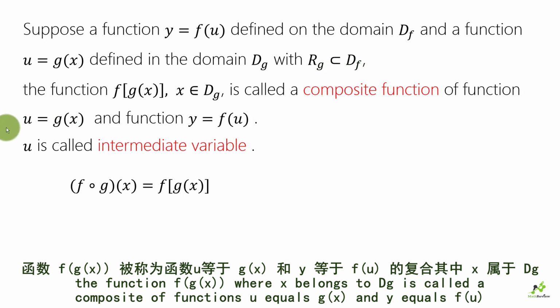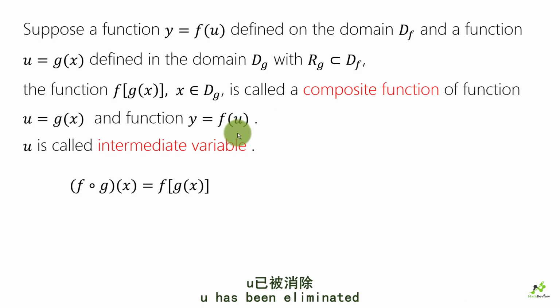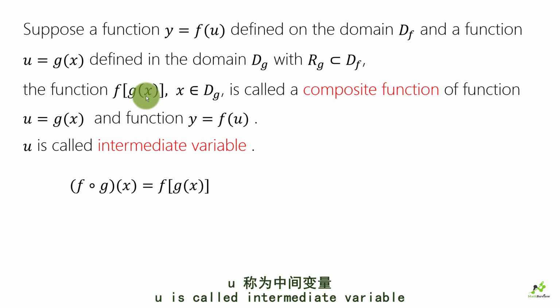The function f of g of x, where x belongs to Dg, is called a composite of functions u equals g of x and y equals f of u. u has been eliminated. u is called intermediate variable.